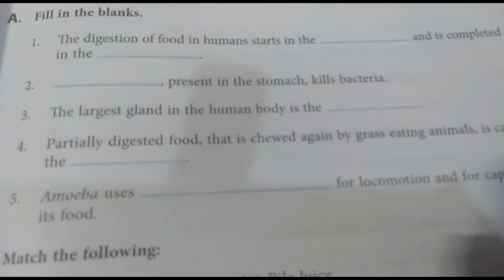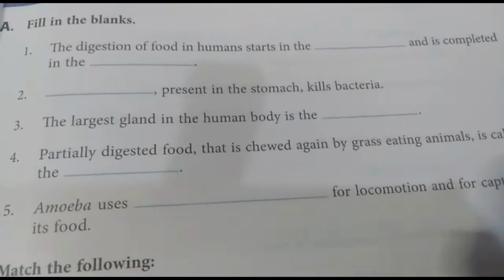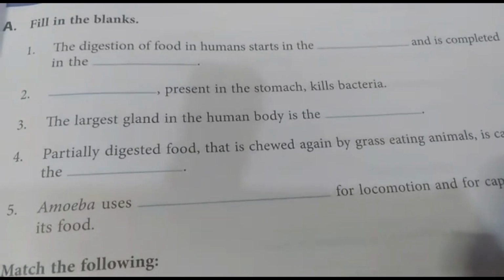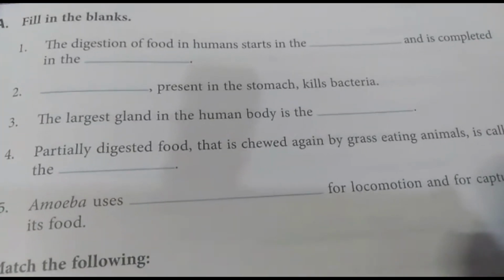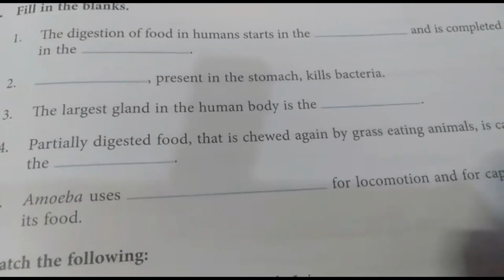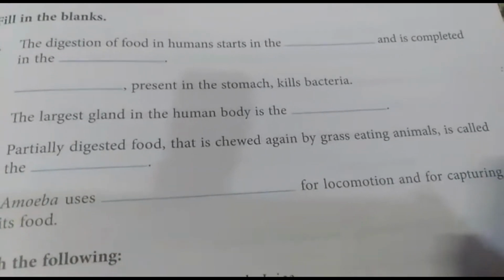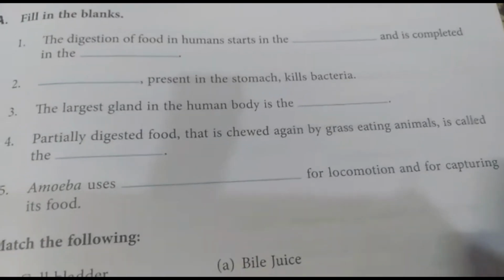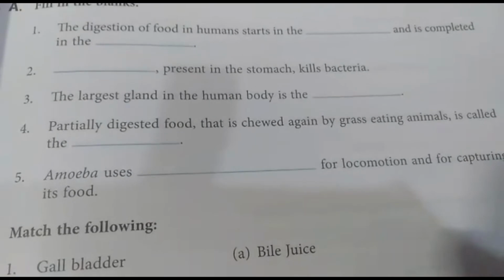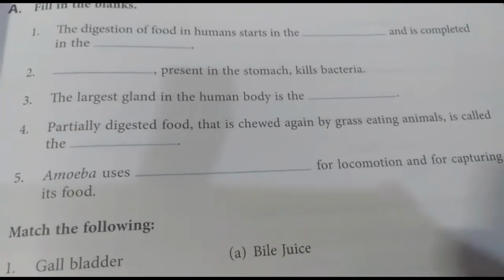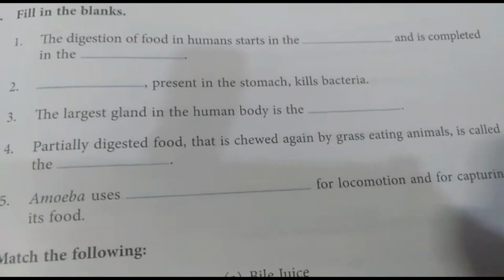Third, the largest gland in human body is liver. Fourth, partially digested food that is chewed again by grass-eating animal is called curd. Fifth, amoeba uses dash for locomotion and capturing of its food, that is pseudopodia.